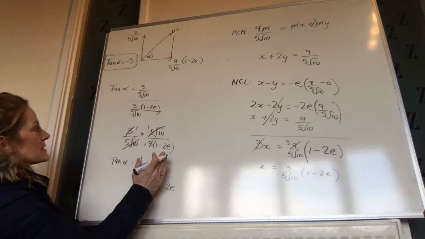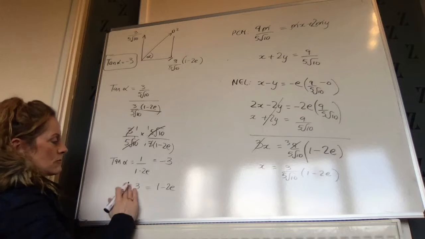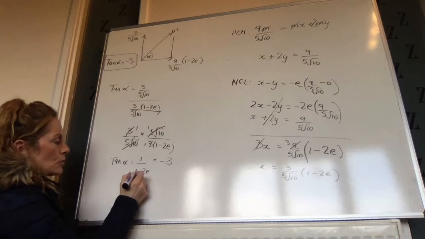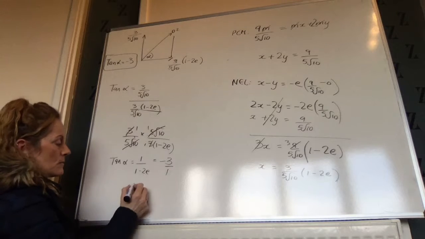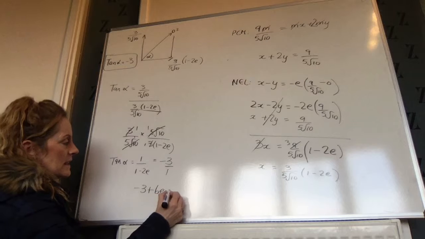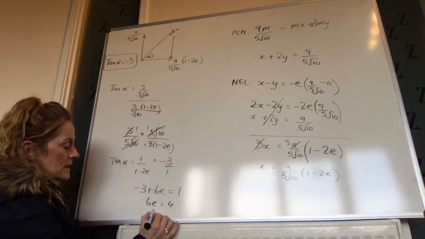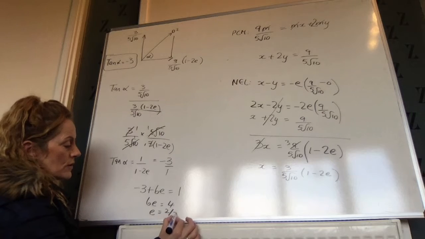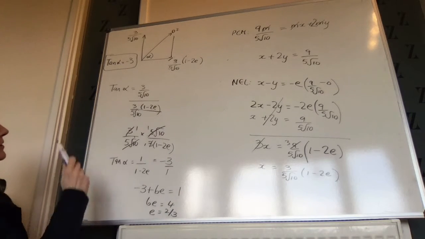Oh, sorry, apologies. The tan of alpha is minus 3, not 1/3. So 1 over 1 minus 2e is equal to minus 3 over 1. So cross multiply: minus 3 plus 6e is equal to 1. 6e is equal to 4. e is equal to 2 over 3. Sorry, the tan of alpha is minus 3, it's not 1/3. Mistake there.